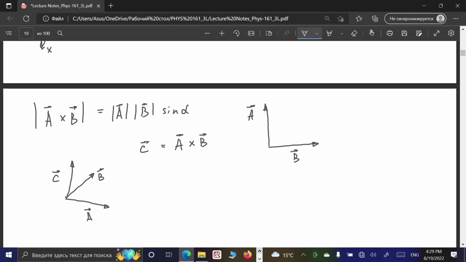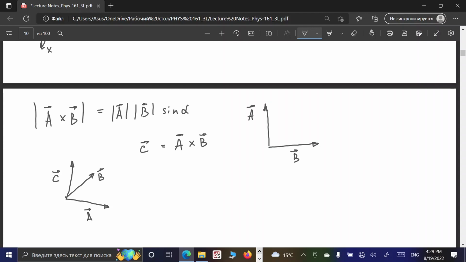Now, an important thing: we were talking about A cross product B. If we change their position, B cross product A, that will be already a different story. Because we have first vector B, we need to arrange our hand differently so that our four fingers cross first vector B and then vector A. And in this case, the resultant vector C will be oriented perpendicular again to this plane of the whiteboard, but towards you.